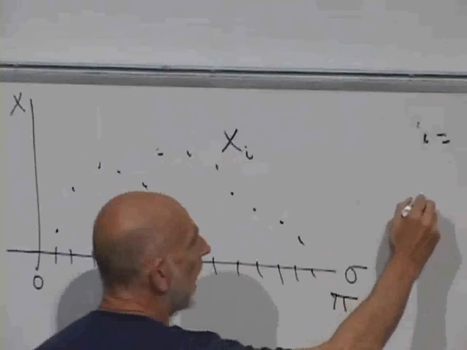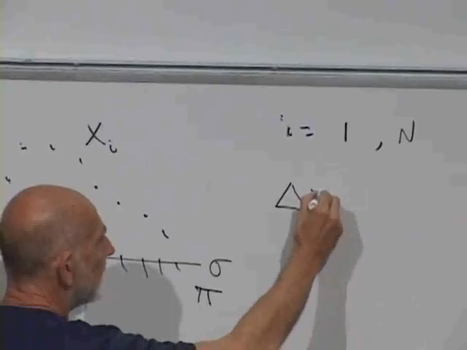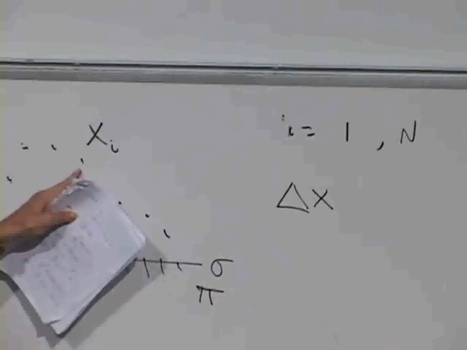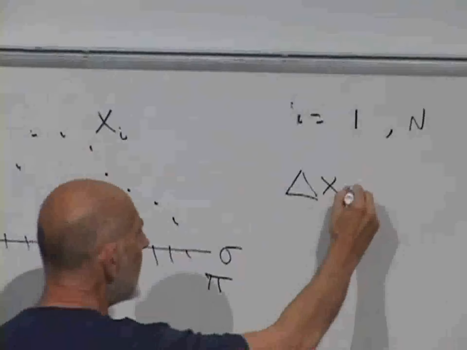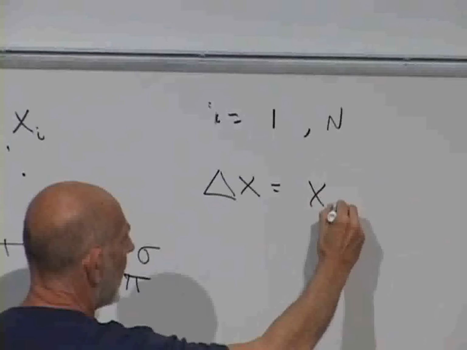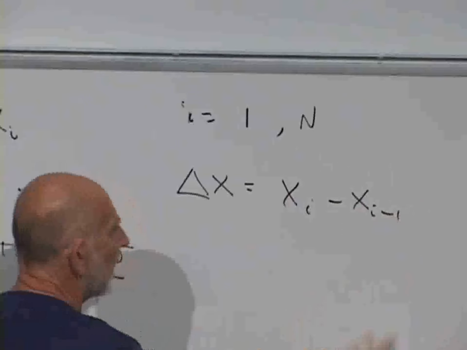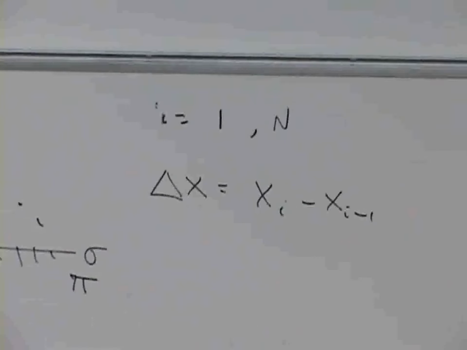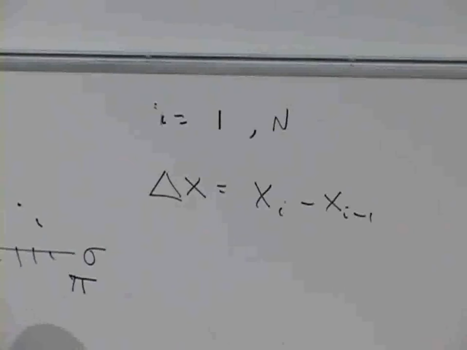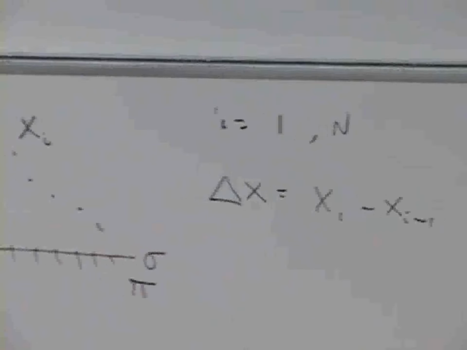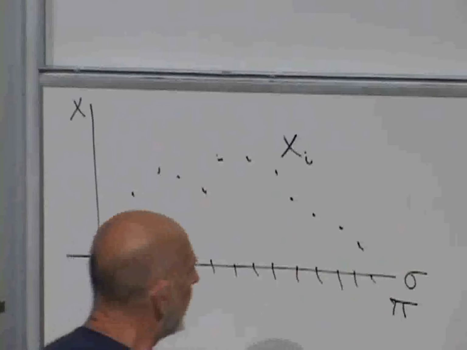We can call that delta x if we like. But it's delta x between I and I minus 1. It's just equal to x of I minus x of I minus 1. I could have chosen I plus 1 minus I. That's delta x. Okay?